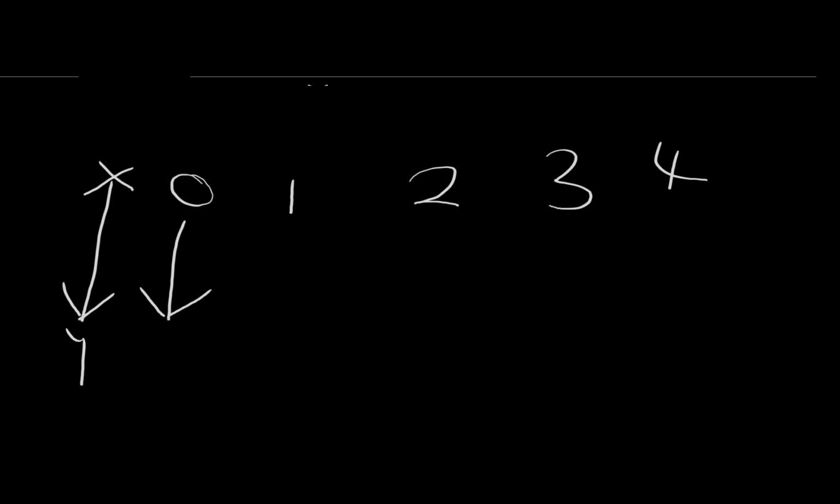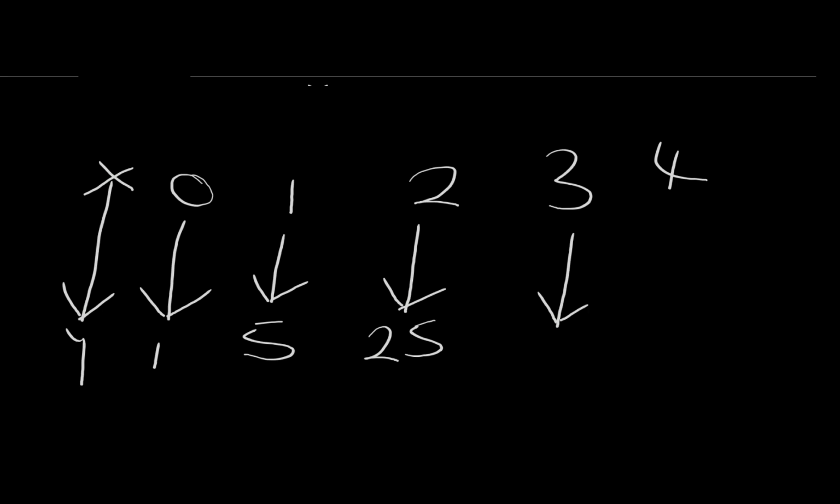So 0 maps to 1, 1 maps to 5, 2 maps to 25, 3 maps to 125, and then 4 maps to 625.